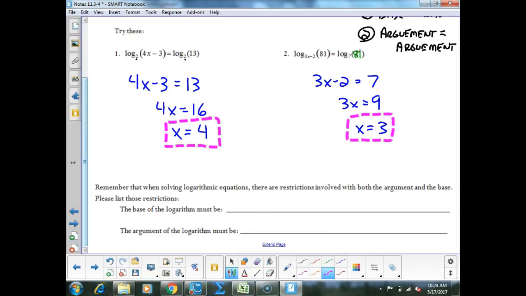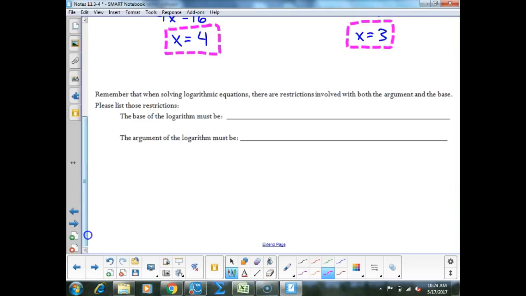Okay? What do we know in a logarithmic? What do we know about the base? In all logs, what has to be true about the base? Nope. It has to be what, Bruce?